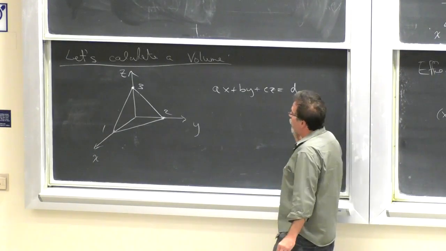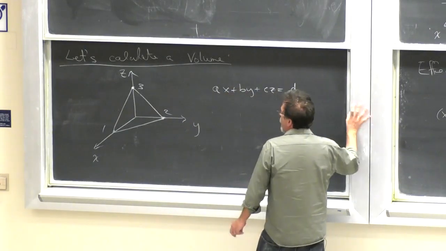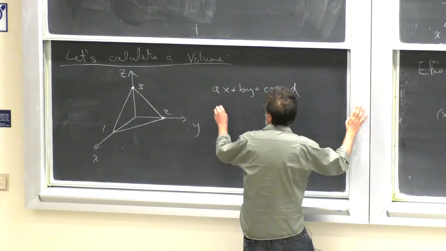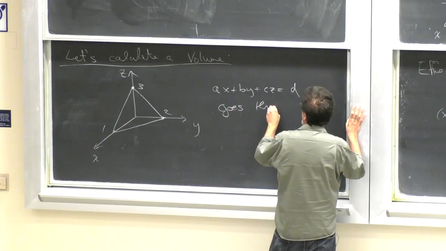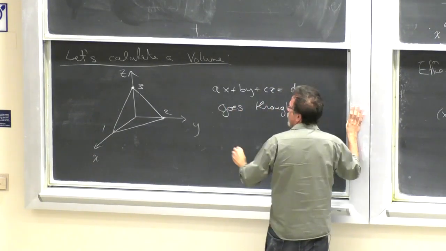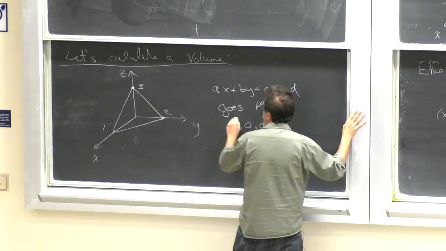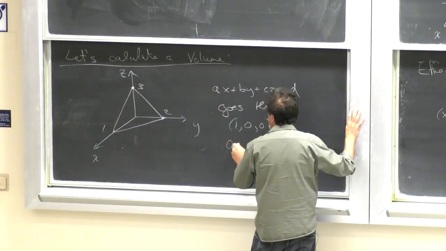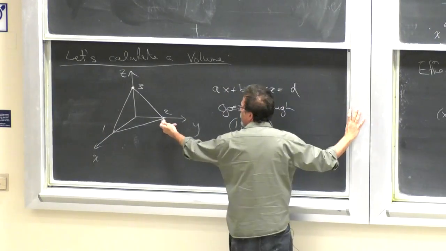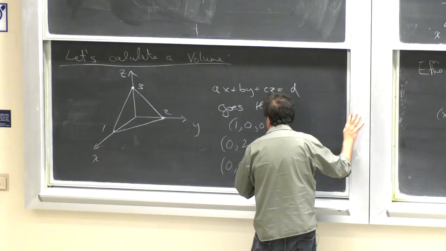So what I have to do is recognize that it goes through each of those points. This point here is 1, 0, 0. This point is 0, 2, 0. And this point is 0, 0, 3.